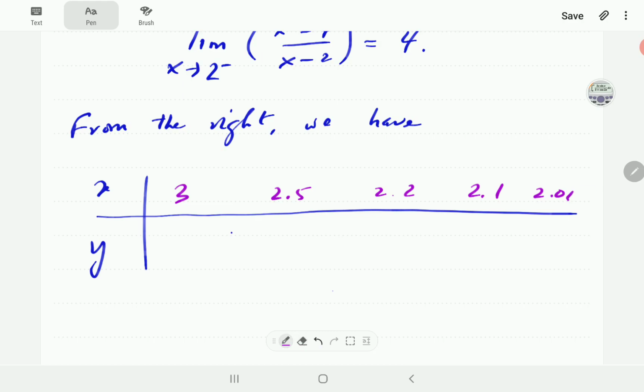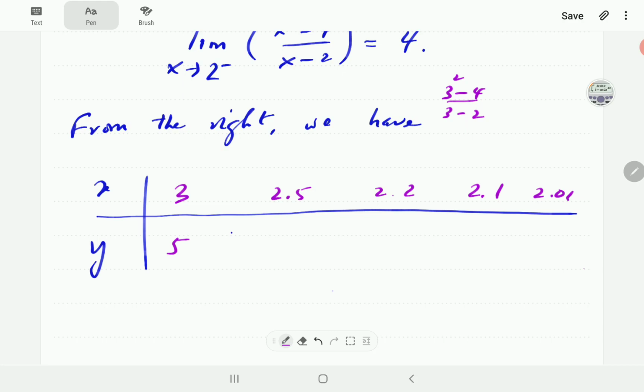Okay, so again, if we just punch this in for 3, again we can do this without a calculator. It's going to be 3 squared minus 4 over 3 minus 2. 3 squared is 9 minus 4 is 5, 3 minus 2 is 1.